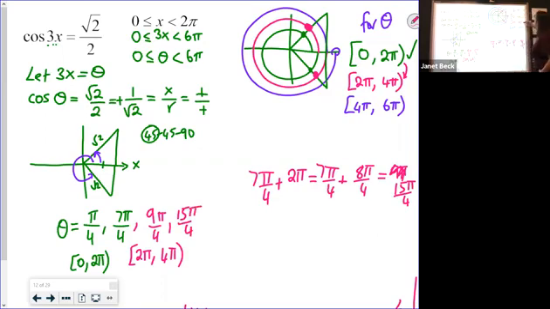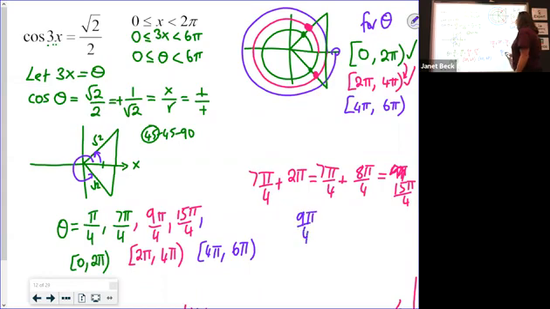Okay, so now I've done my second trip around the circle. I've got to do one more trip to get my answers in the range from 4 pi to 6 pi. And again, I'm just going to get the previous answer. For instance, I'm going to get 9 pi over 4, and I'm going to add 2 pi.